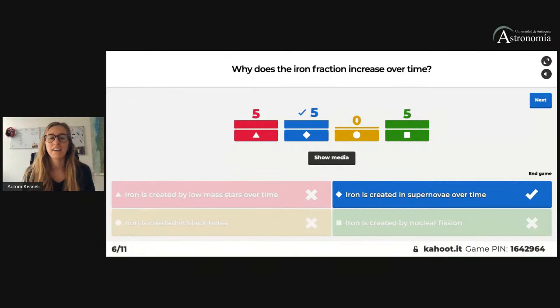Okay. This question I think was a little bit mean because you had to remember kind of the exact source. But hopefully, most of you knew that it was either created by low mass stars or supernovae. And most of the iron is created by supernovae and not by dying low mass stars, type 1a supernovae, or by massive stars. Yeah, that was kind of mean. Sorry about that.